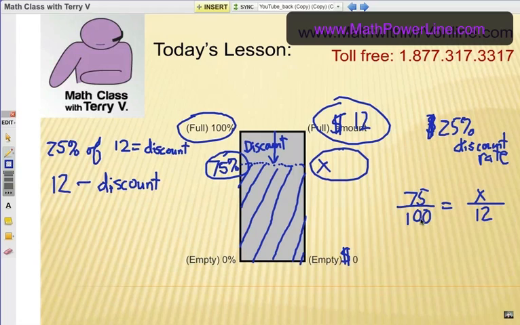So 75 out of 100 represents x over 12. You would cross multiply 75 times 12, then divide by 100, which moves the decimal point over. In that case, using a proportion is a one-step process, and think of the equation as a two-step process. Now, you have to subtract the discount rate from 100% and make sure you know that you're paying 75%.